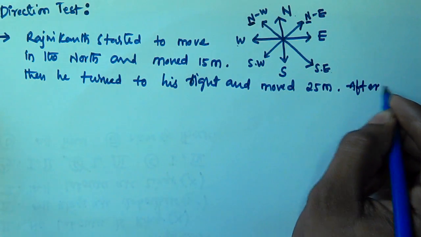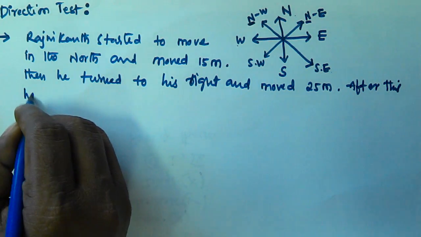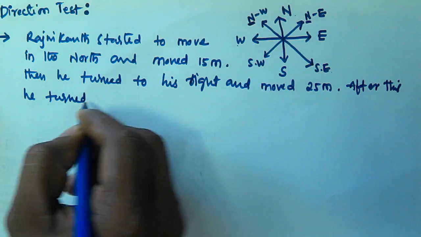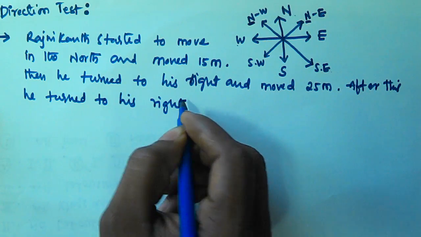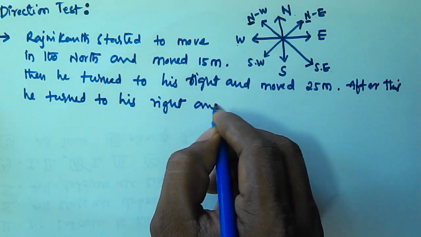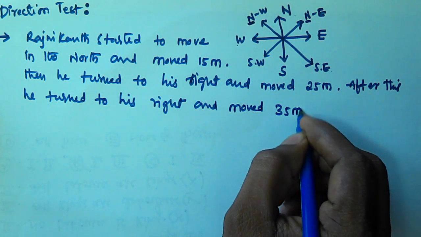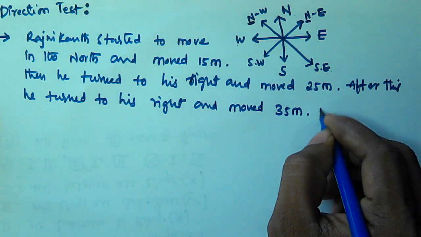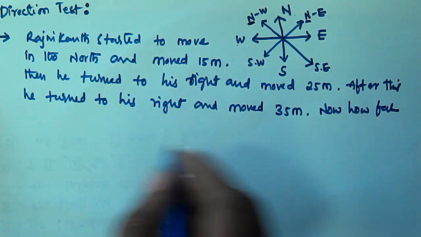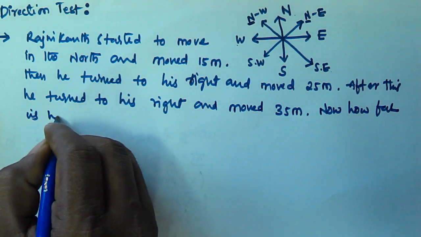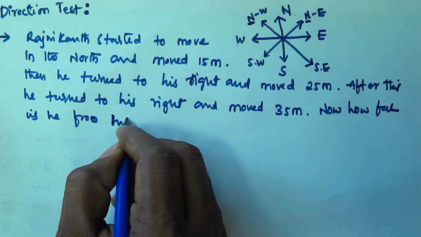After this, he turned to his right and moved 35 meters. Now, how far is he from his starting position?